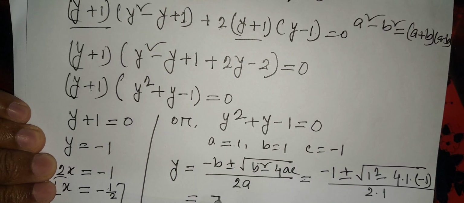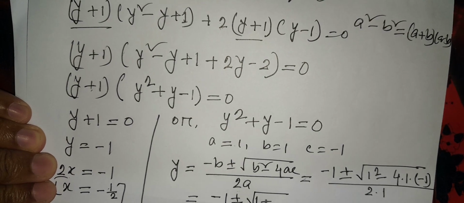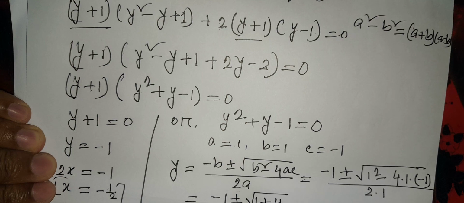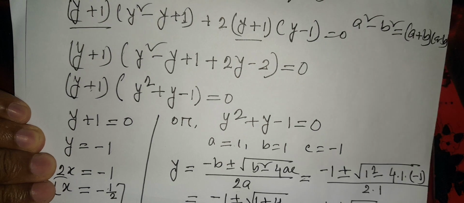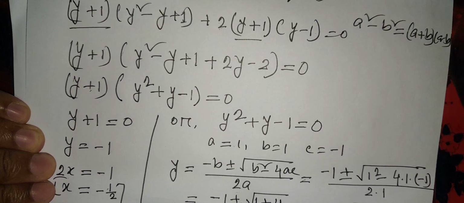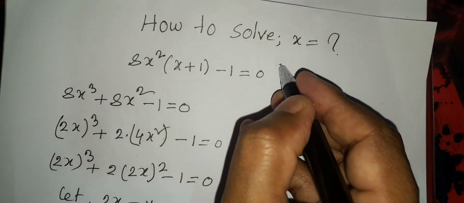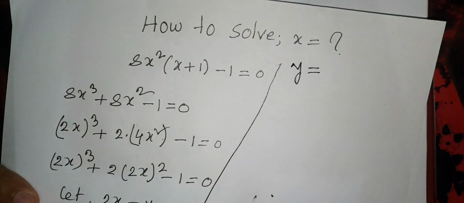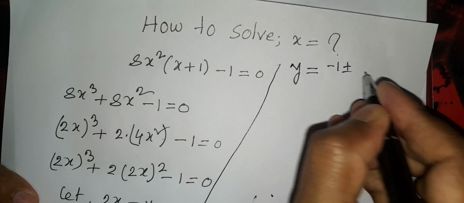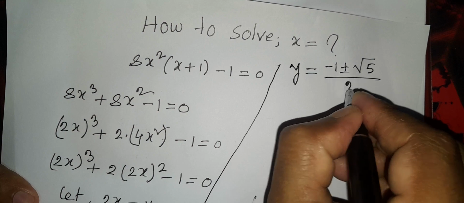Okay, now we can write here equal to minus 1 plus minus root over 1 plus 4 by 2, is equal to minus 1 plus minus root over 5 by 2. So the solution here, we can write y is equal to minus 1 plus minus root over 5 by 2.